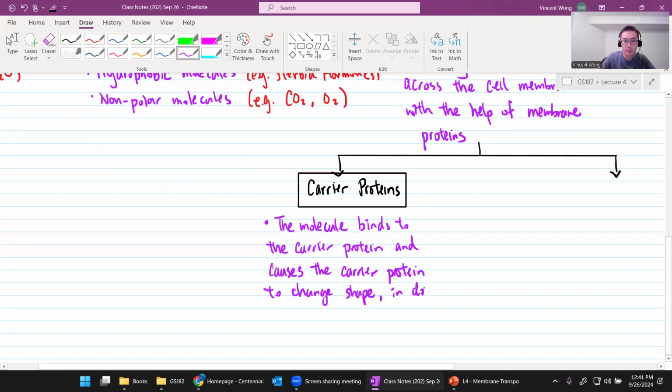In doing so, the molecule is transported across the membrane.